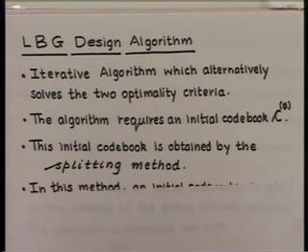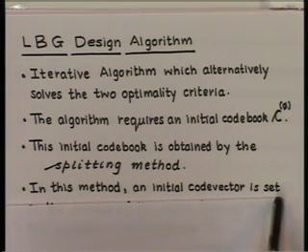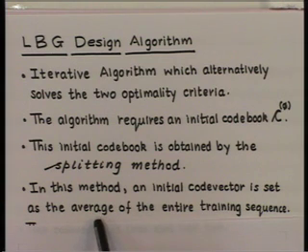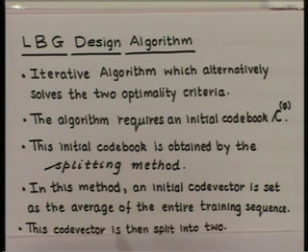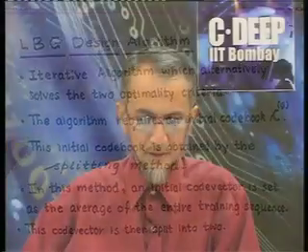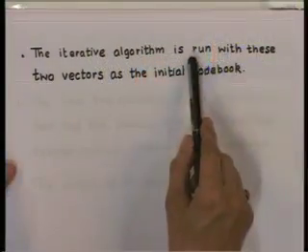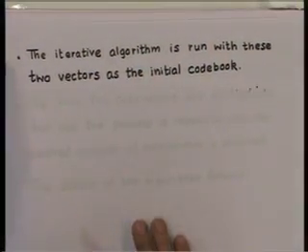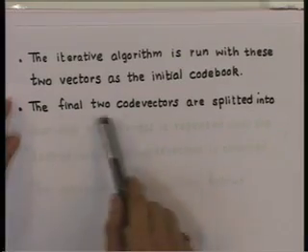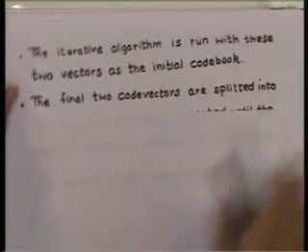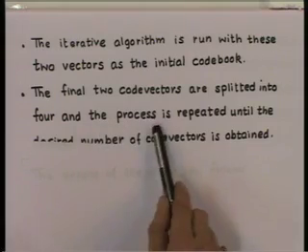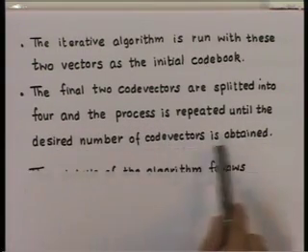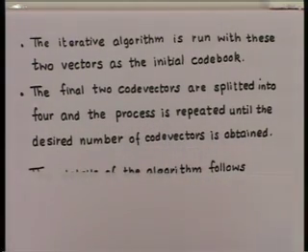In this splitting method, an initial code vector is set as the average of the entire training sequence, and then this code vector is split into 2. Now, the iterative algorithm is run with these 2 vectors as the initial code book, and then the final 2 code vectors are split into 4, and the process is repeated until the desired number of code vectors is obtained.